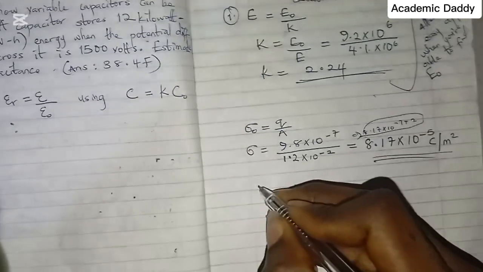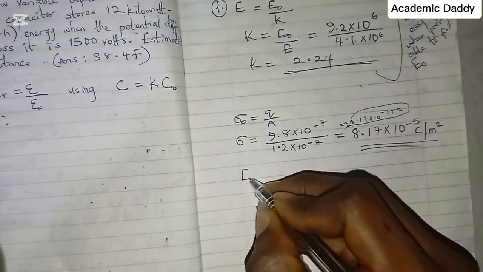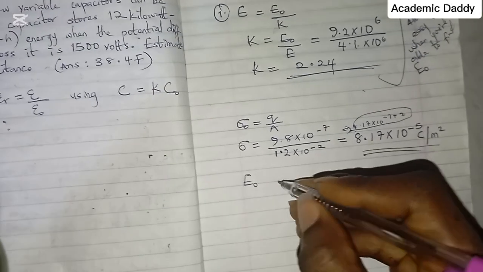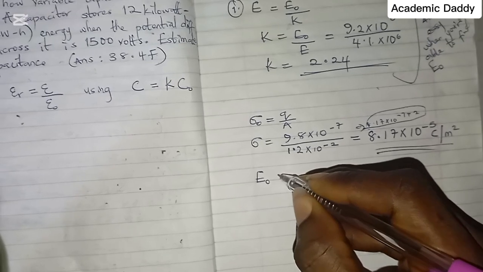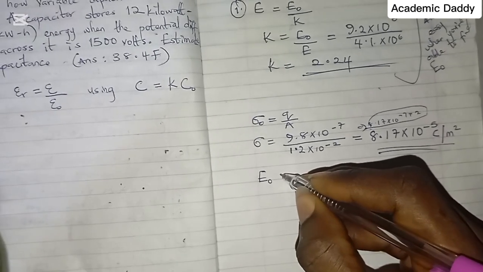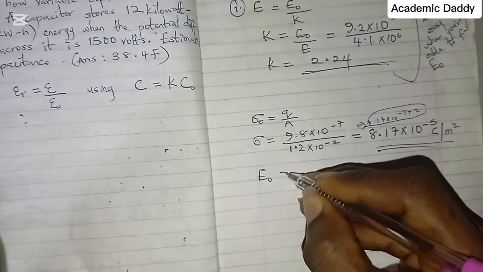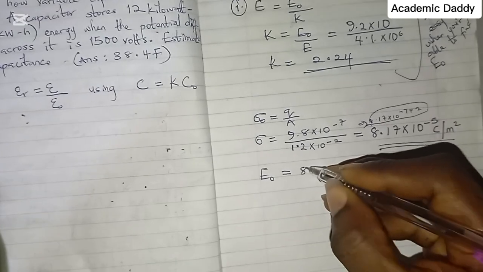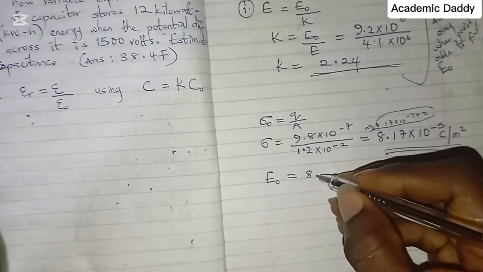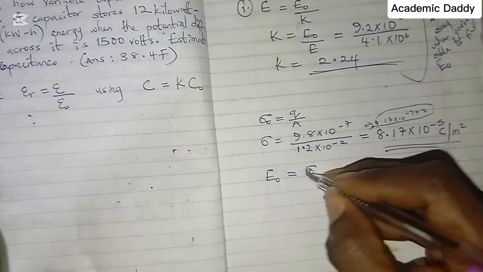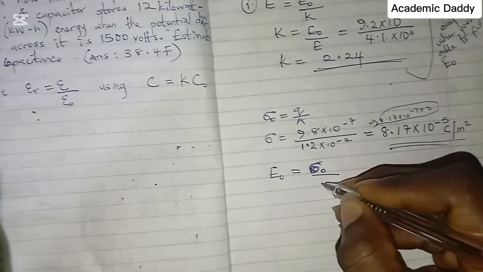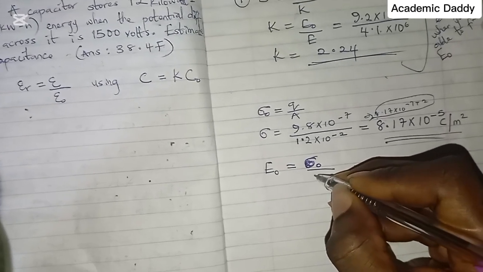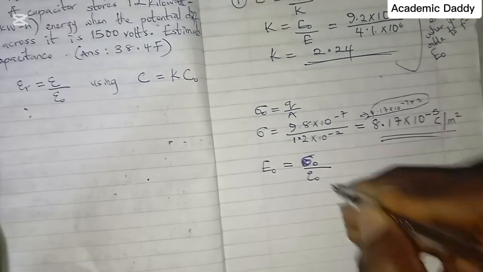Now the initial electric field, that's the one that is not given, because we are given the final electric field. The initial electric field is equal to the initial surface density over the permittivity of free space.